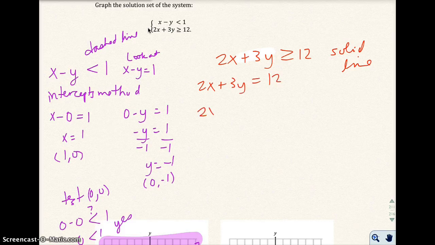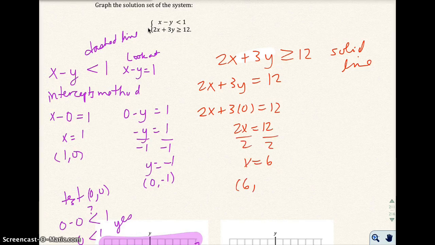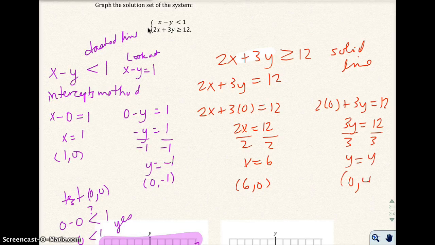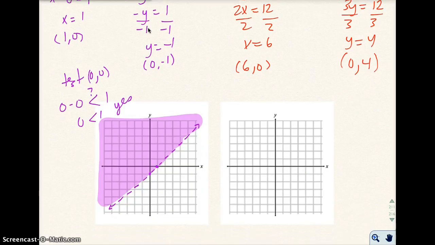So 2x plus 3 times 0 equals 12, 2x equals 12, so x equals 6, so (6, 0). And then 2 times 0 plus 3y equals 12, 3y equals 12, so y equals 4. I'm doing this in red, so (0, 4) is right here, and (6, 0), 1, 2, 3, 4, 5, 6 is there. And a solid line.